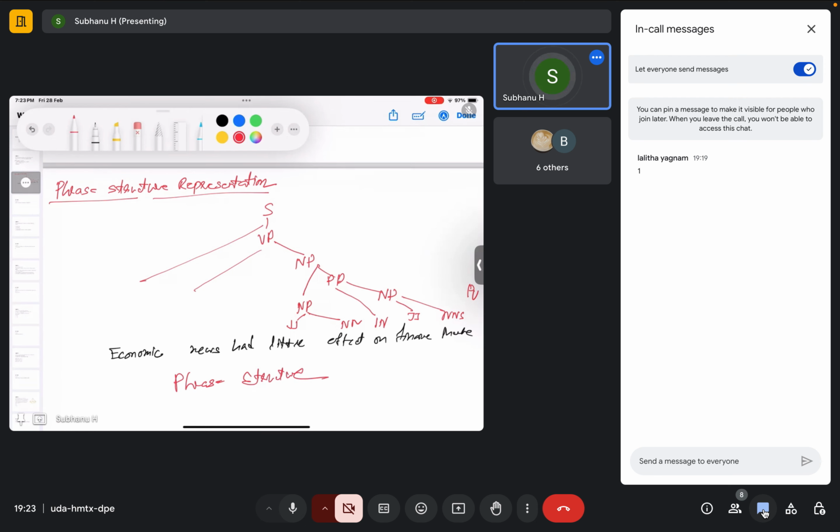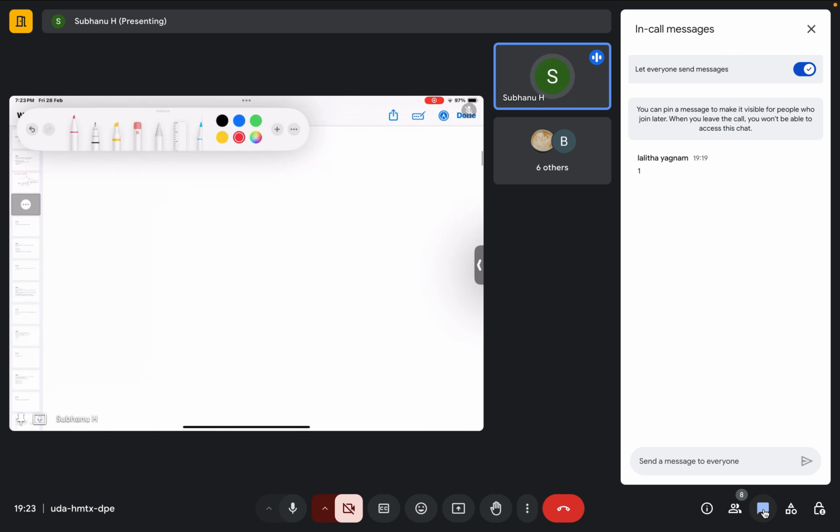Okay, fine. Now that was the phrase structure. Now comes the dependency structure. What is a dependency structure? Like had, news, economic, effect, little, on, market, financial.